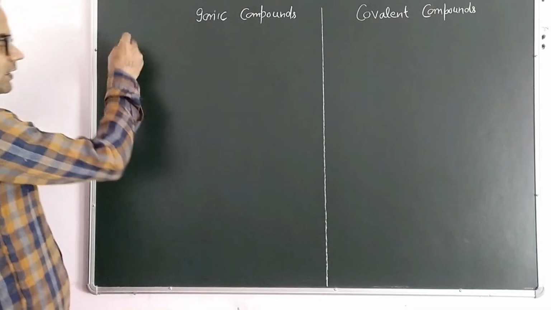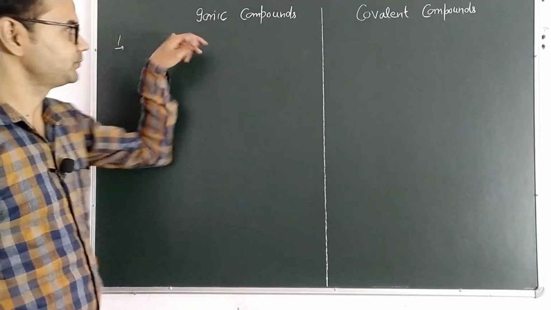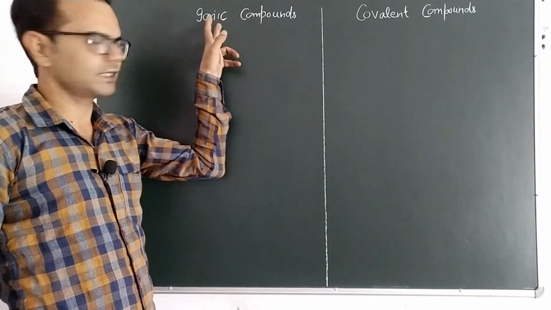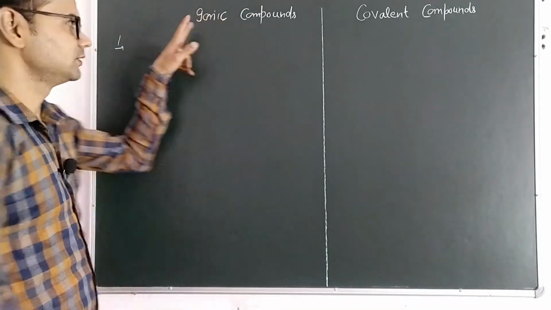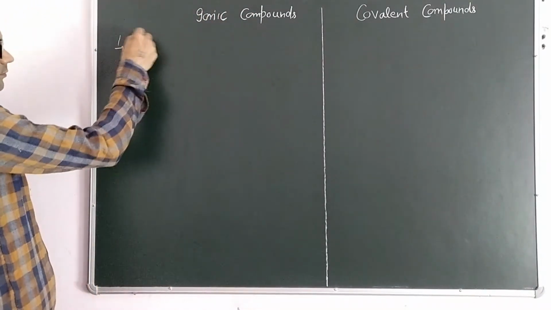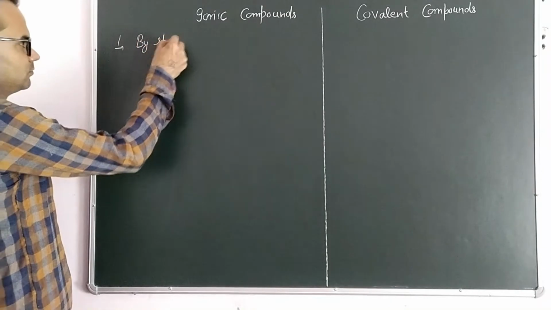As the name indicates, ionic compounds are formed by the strong electrostatic force of attraction between opposite ions.